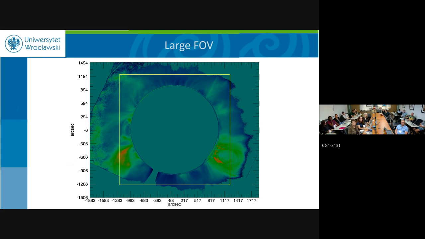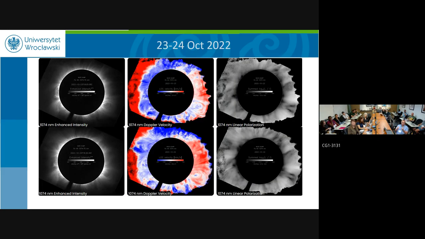This is an example of an erupting cavity. We have, of course, AIA data, but this yellow box shows the field of view of AIA. In this case we see only half of the structure with AIA, and that's why we need UCoMP. These are plots from the web page.